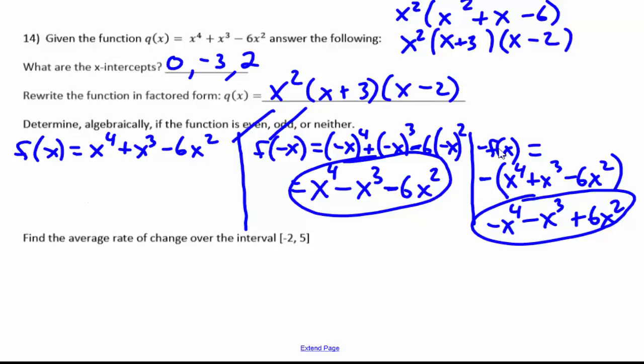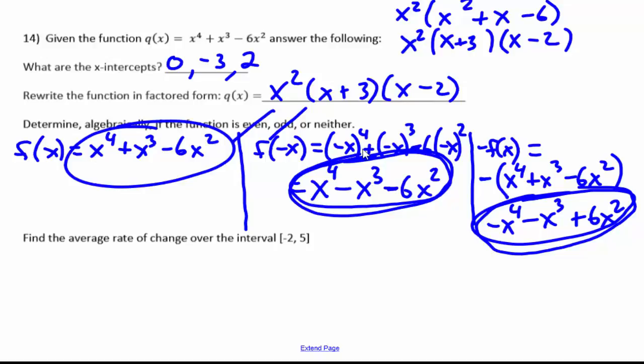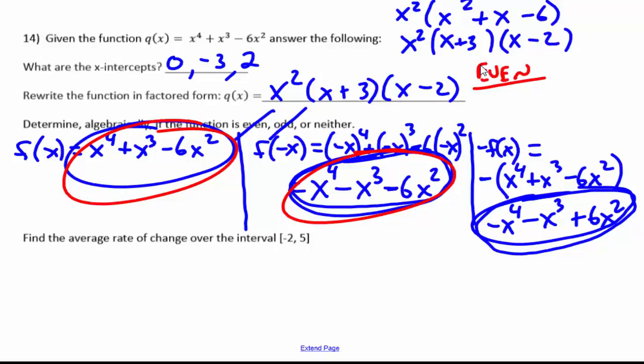If these circled ones matched, you have an odd function. If these match, you have an even function. So, in summary, to be even, f of x equals f of negative x.